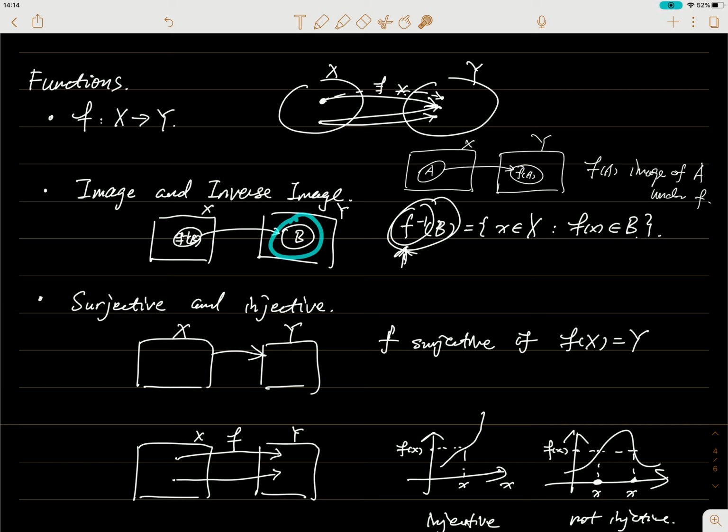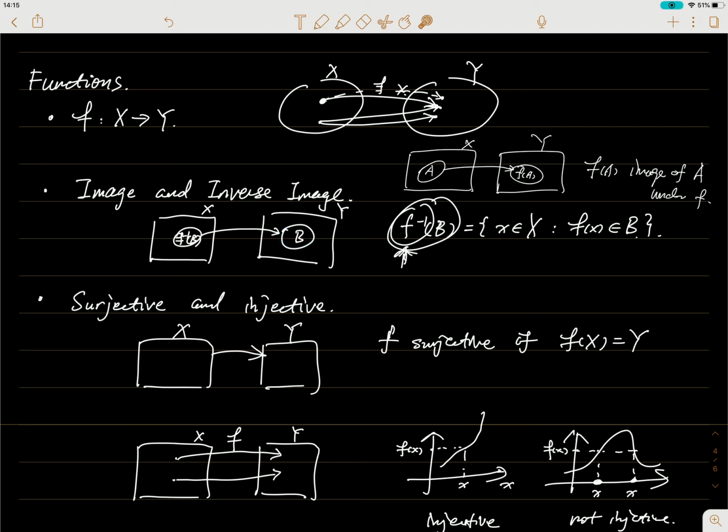You have a subset in Y, call it B, and then the inverse image or the pre-image of B, written as f inverse of B, is defined as the collection of points in X that are mapped to some element in B. So that just means these are the points that will be mapped to B. All the other points outside of this will be mapped to some other point. Okay, so that's the inverse image of B.